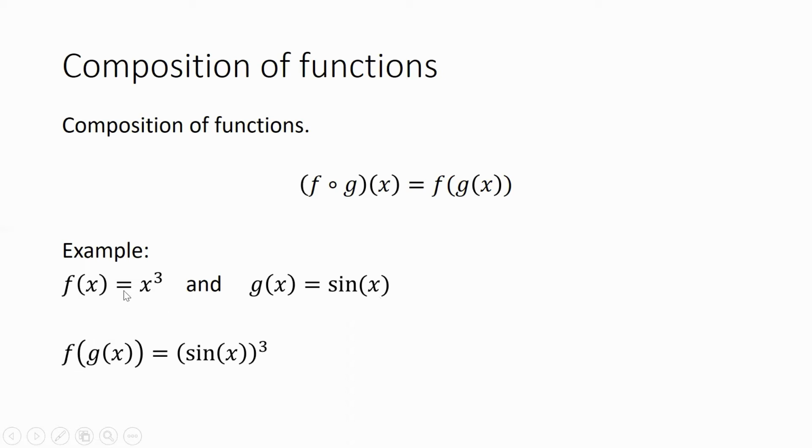If I take the composition of f and g, I need to plug the g(x), the sine, inside of my f(x), my x to the third. So I'm getting a sine to the third power. It's a composition of f and g. If I have a composition of functions, that's where this chain rule can be applied.